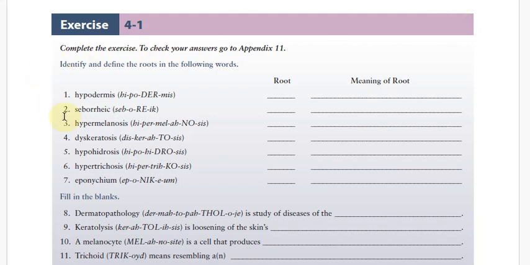The root is S-E-B, sebo, and it means sebum. Number 3 is hypermelanosis. Hyper is the opposite of hypo. Hypermelanosis, the root is melano, and it means melanin. Please work on the rest of the technical terms.